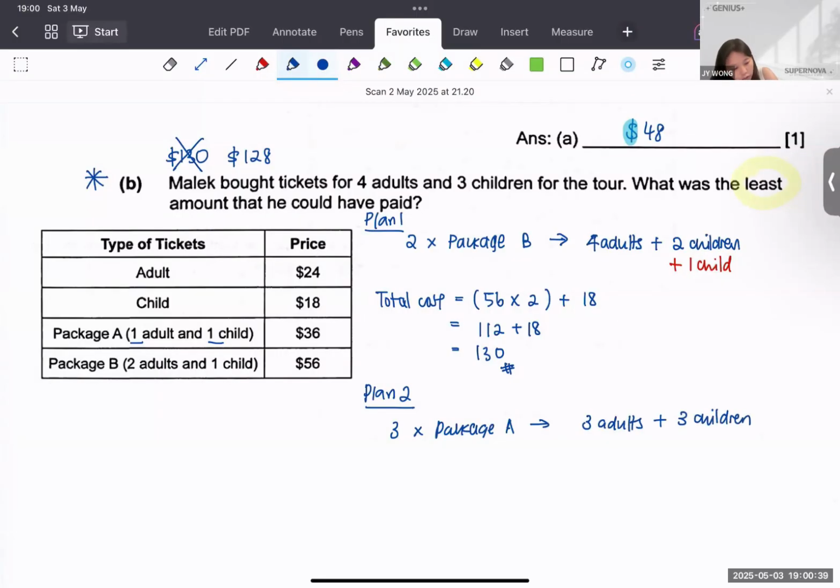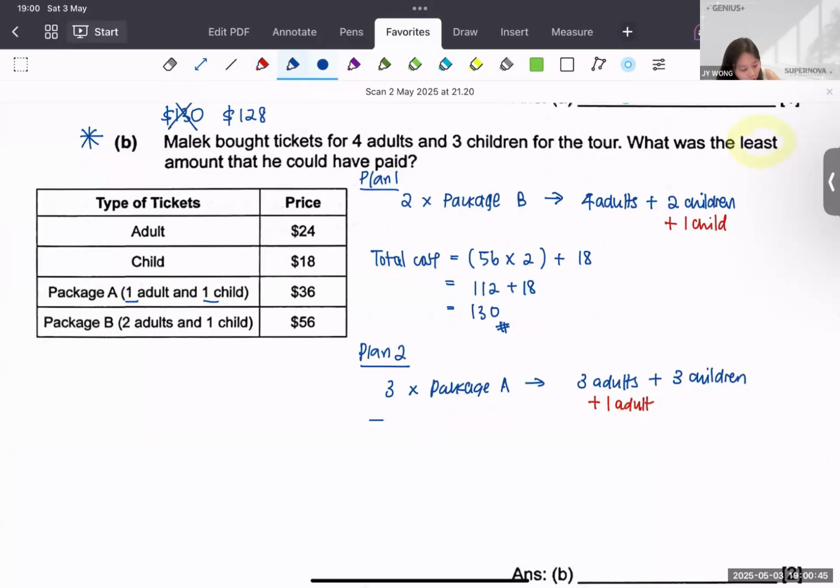So to make it up to 4 adults, I need to add 1 adult, which will give me 4 adults and 3 children. So the total cost for this plan would be $36 times 3, because 3 times package A, plus 1 adult ticket, you will get 108 plus 24. That will give you 132. Again, it has proven that my first plan is still cheaper.